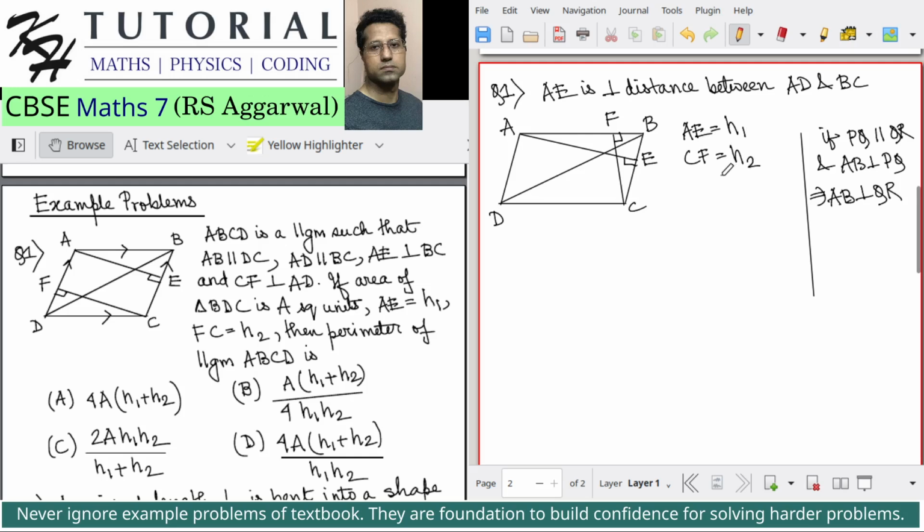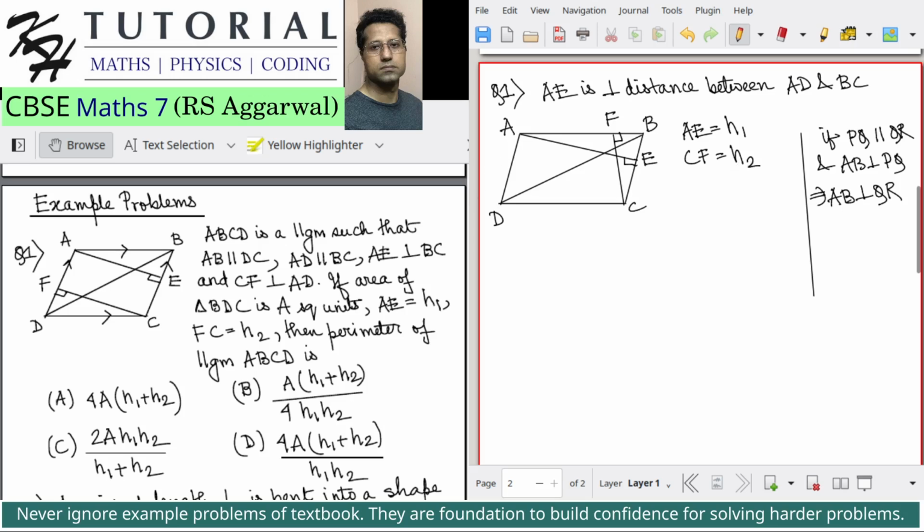Then find the perimeter of parallelogram ABCD, meaning we have to find either the dimensions or the sum of the lengths of the adjacent sides.